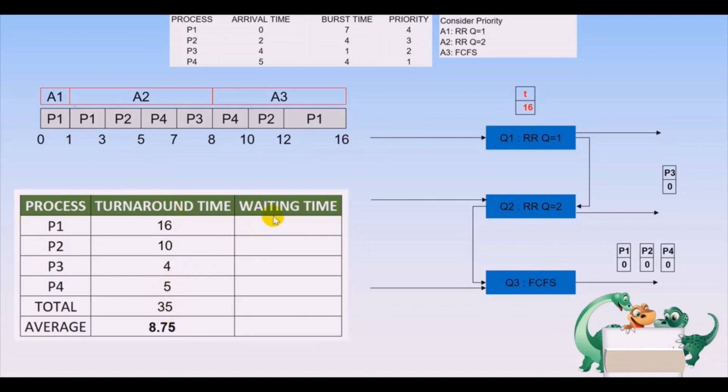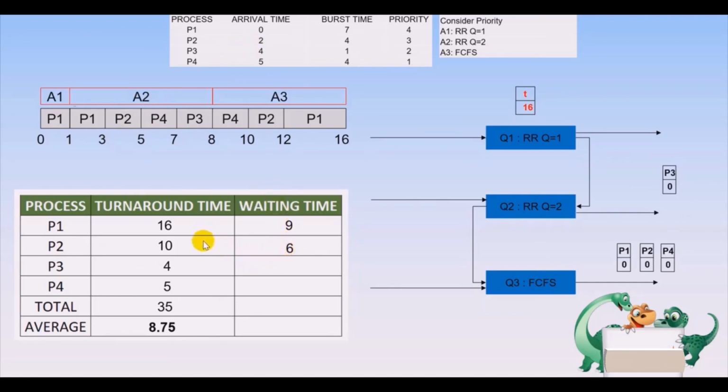Now for the waiting time. Initially, P1 never waited, but it was preempted at 3 and resumed its operation at 12. So 12 minus 3, that would be 9. For process 2, it waited 3, was preempted at 5, and resumed at 10. 10 minus 5, that's 5, plus 3 initial waiting time, that would be 8, minus 2 arrival time, so that would be 6.